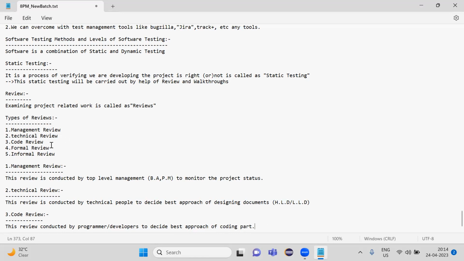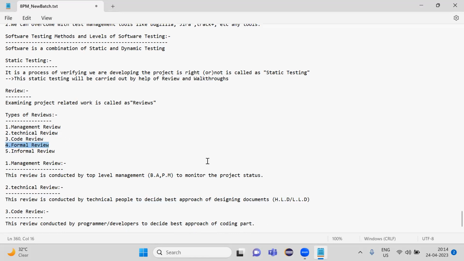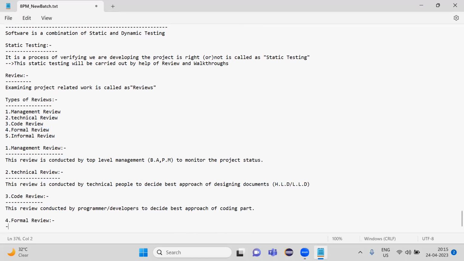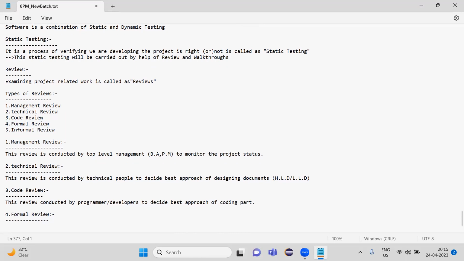Coming to the formal review. What is meant by formal review, guys? This review is carried out by following plan, documentation, and systematic process.